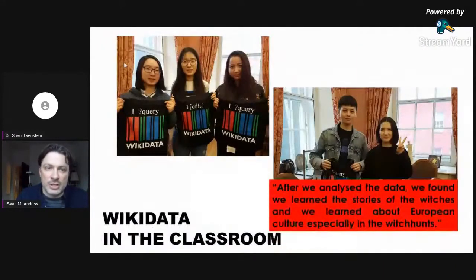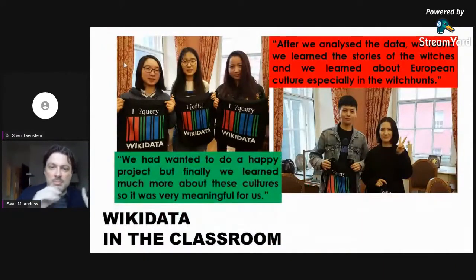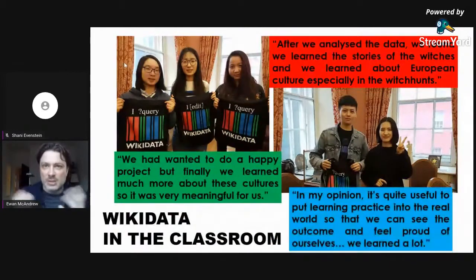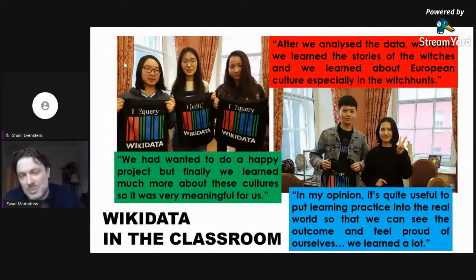And these are some of the students that we worked with in putting the data into Wikidata. And this is what they said. After we analyzed the data, we learned the stories of the witches and learned about European culture. They had wanted to do a happy project, but they laughed about it afterwards and said they finally learned much more about these cultures.